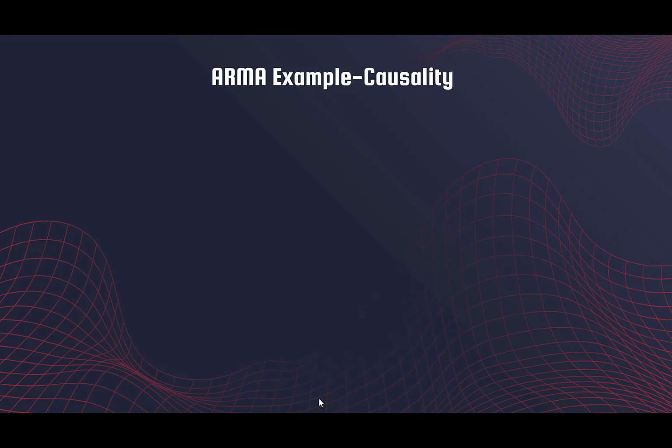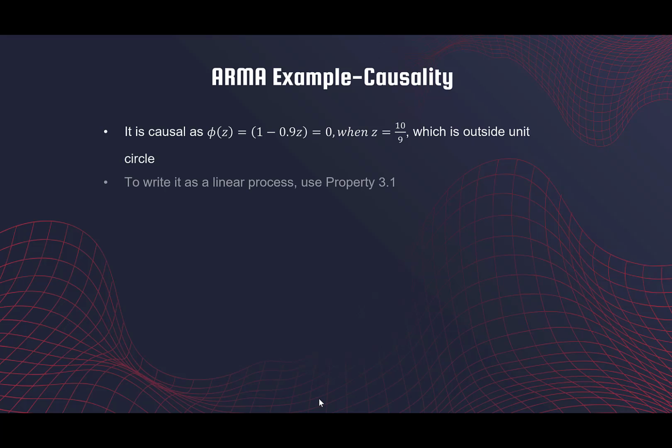Next, we look at causality. So for causality, we look at the autoregressive polynomial. So the root of the autoregressive polynomial happens to be 10.9, which is greater than 1, so outside the unit circle. Hence, the process is causal. And to see what its linear representation looks like, we use property 3.1, which is basically this.